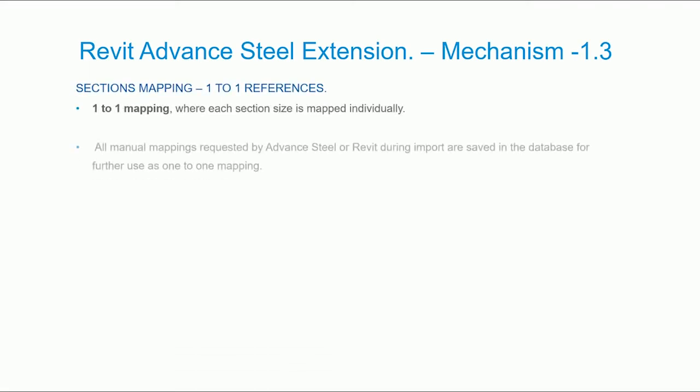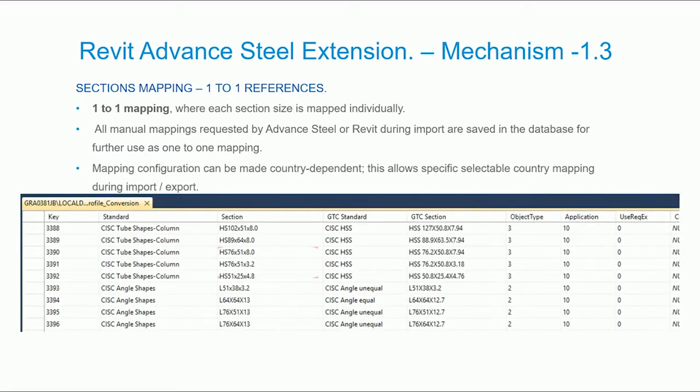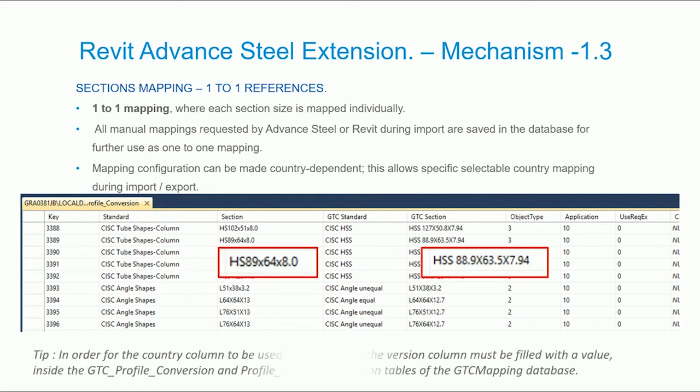A step on from that was the one-to-one mapping rules. This is where you could take a profile inside Advanced Steel, and if you knew what it was called, you could select it via a mapping dialog. To be honest, if you did one and you knew what all the others were, you could populate the table yourself in the background using a spreadsheet editor, or directly in the database by adding lines.